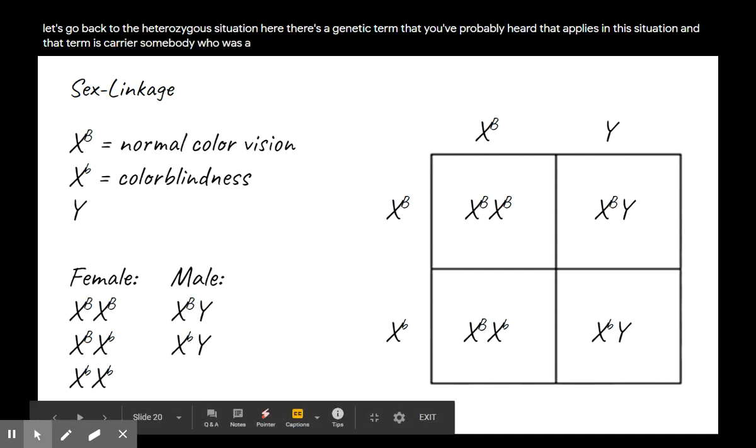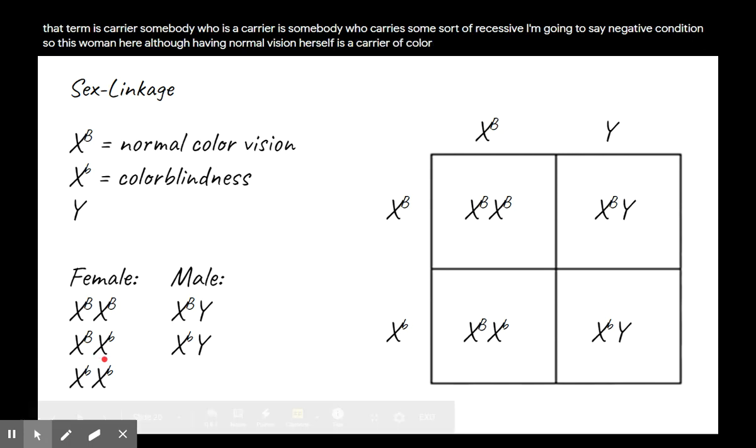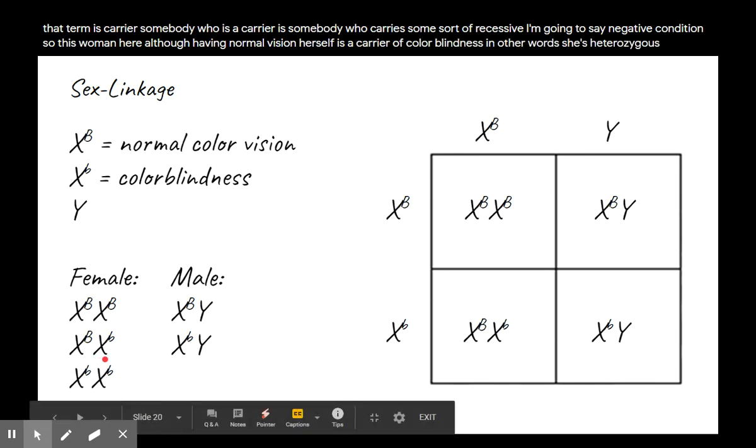Somebody who is a carrier carries some sort of recessive, I'm going to say negative condition. So this woman here, although having normal vision herself, is a carrier of colorblindness. In other words, she's heterozygous.